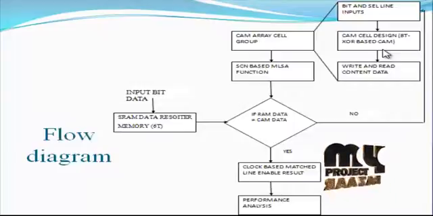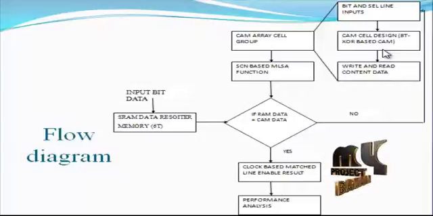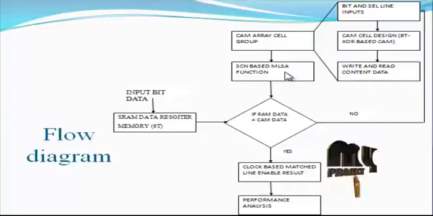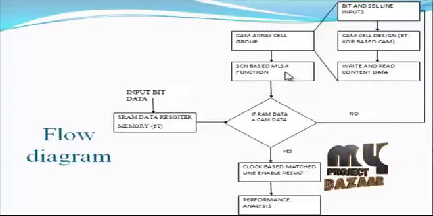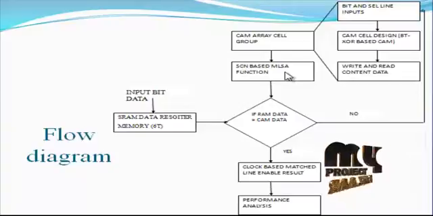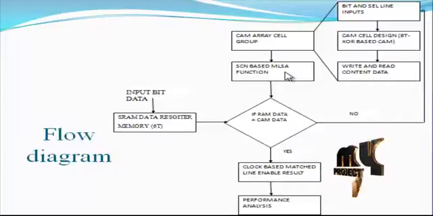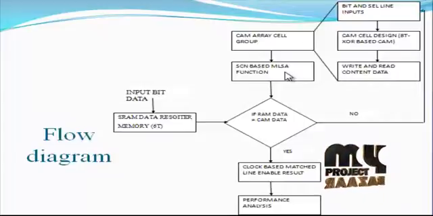Then go to the read and write controlling signals based on the selection process. Then go to the scan based match line sense amplification function. This match line sense amplification function is used to select the required data register based on input and to apply it to every register element of the CAM cell. This register element checks the SRAM data register address and the CAM address.